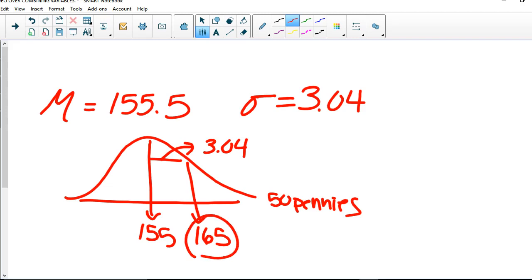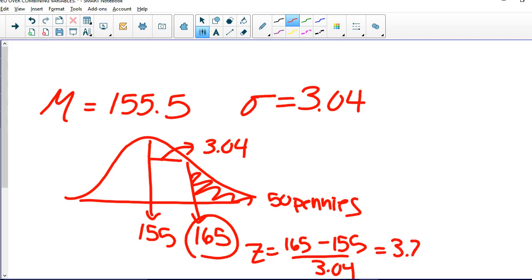You need to find a z-score. 165 minus 155 over 3.04. You go to the table or you go to your calculator. If you go to the table, you take that z-score, 165 minus 155, divided by 3.04, which gives me 3.29.